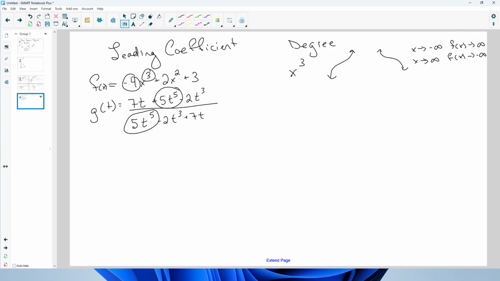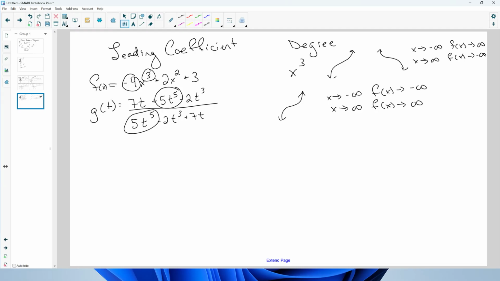So this is 5t to the 5th, so it's an odd again. It looks like this, so it's the same exact thing. So as x goes to negative infinity, f of x this time goes to negative infinity, and as x goes to positive infinity, f of x goes to positive infinity.